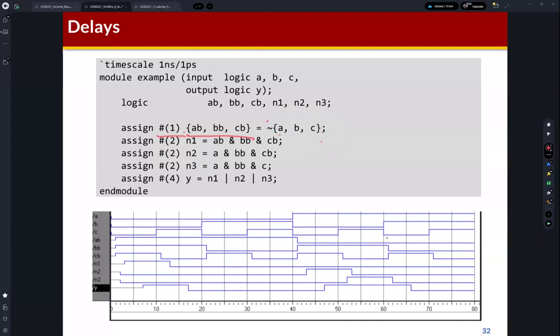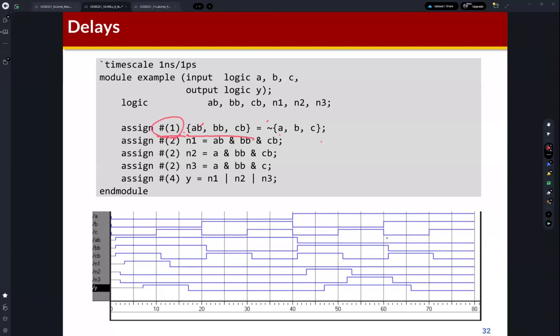If A, B, or C are changed, then the left-hand signals, AB, BB, or CB, will be updated. So it's calculated, but we can find the delays.